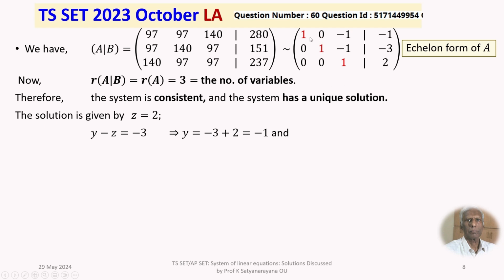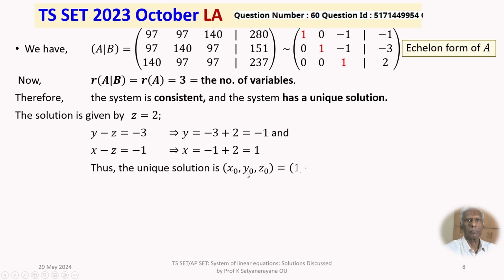And the first equation is x minus z is equal to minus 1, x is equal to minus 1 plus z, that is 1. So what is the unique solution? x is 1, y is minus 1, z is 2. So thus the unique solution x naught, y naught, z naught: x naught is 1, y naught is minus 1, and z naught is 2.